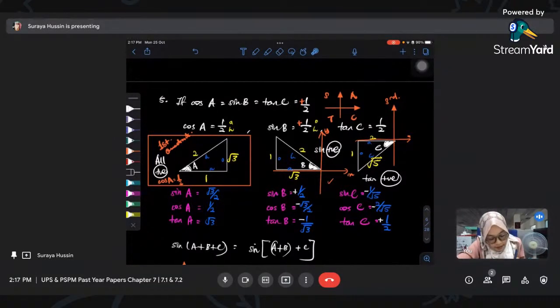My question is, if I want to make sine B equals to half ataupun tangent C equals to half pada first quadrant, boleh ke tak boleh? Boleh. Thank you for responding. Okay, boleh. Disebabkan as long as it is a positive sahaja, dia boleh pada first quadrant, no problem.